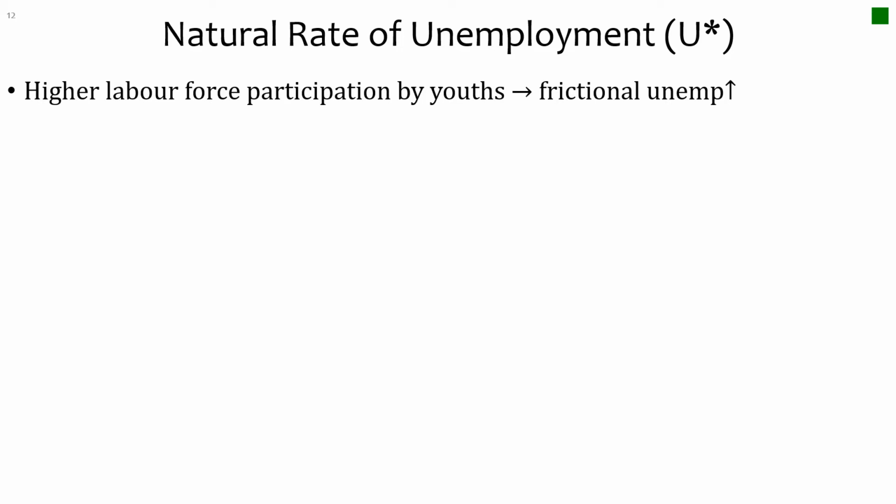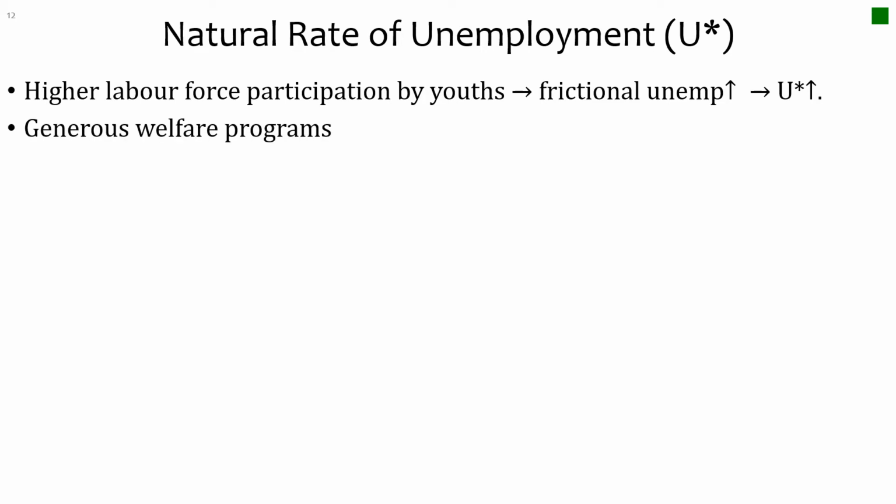Remember, the youth, that's the age when people get to the working age, and also the age where they graduate from high school or from college. So they are looking for jobs, and that is frictional unemployment. So if you have a greater ratio of youths, then there's going to be greater frictional unemployment, and that's going to raise the natural rate of unemployment. So the natural rate of unemployment could be affected by demographic changes.